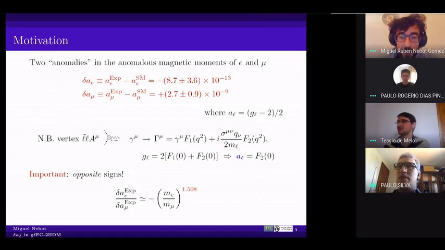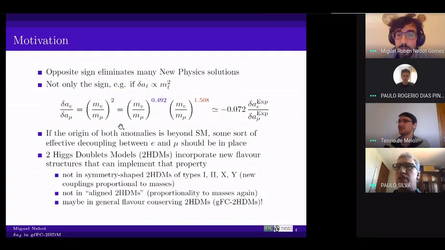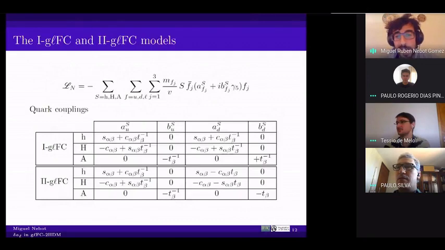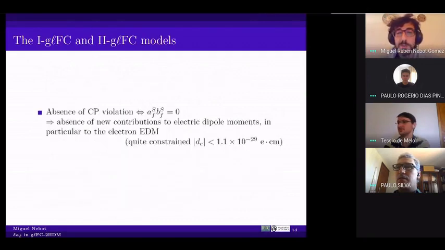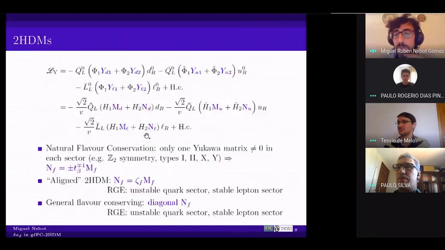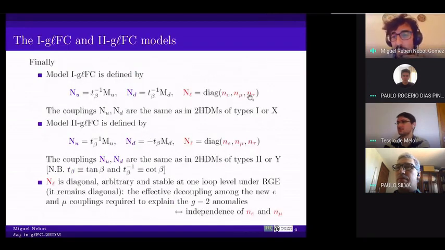You mentioned that the CP violation in this model could have some kind of problem with the electric dipole moment, or are you just not touching it? No, the thing is that if I keep the model in full generality, I have these couplings here which are complex.